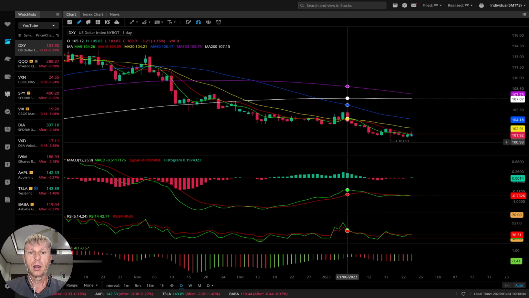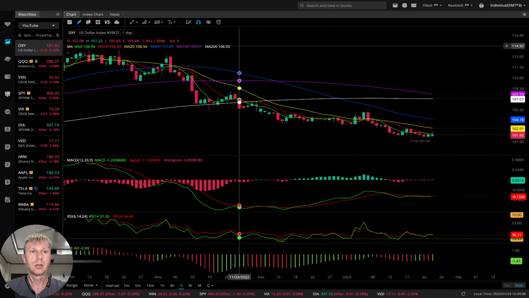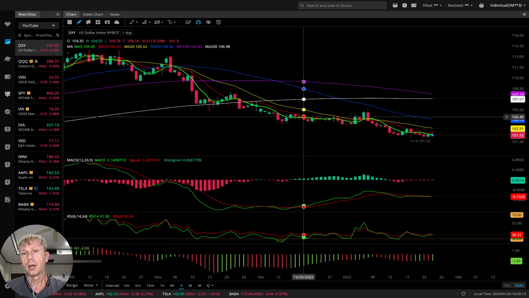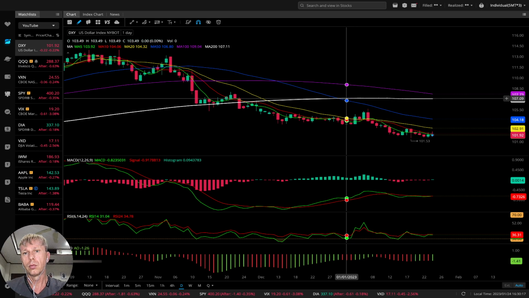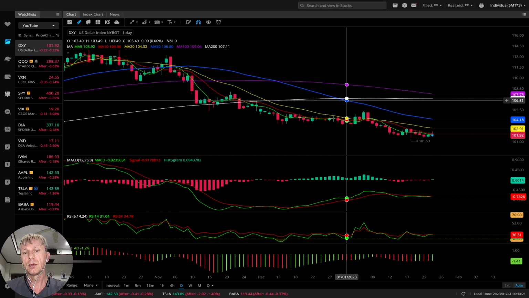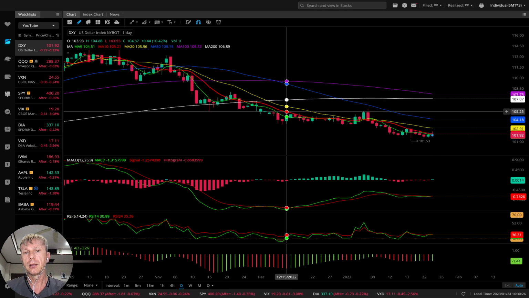Let me briefly mention my setup right now, the moving average lines. I'm using the white line at SMA 200, purple line at SMA 100, blue line at SMA 50, yellow line SMA 20, red line SMA 10, green line SMA 5.